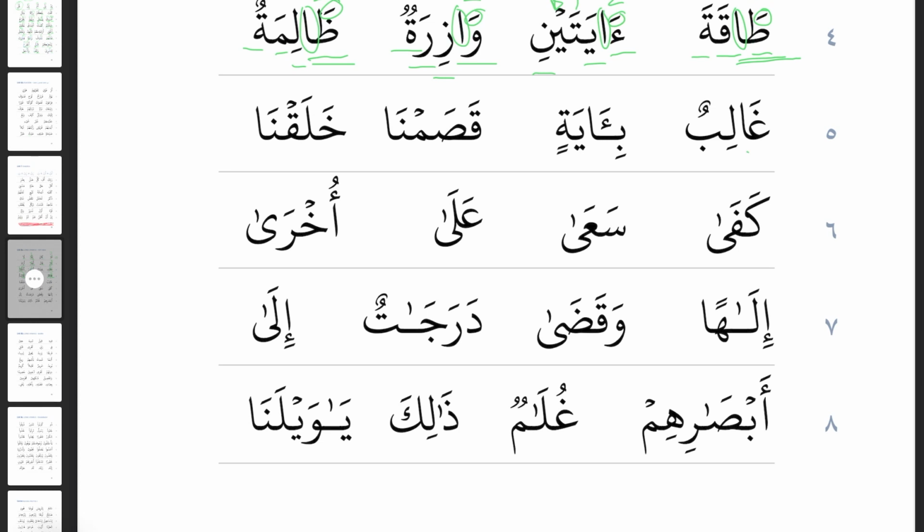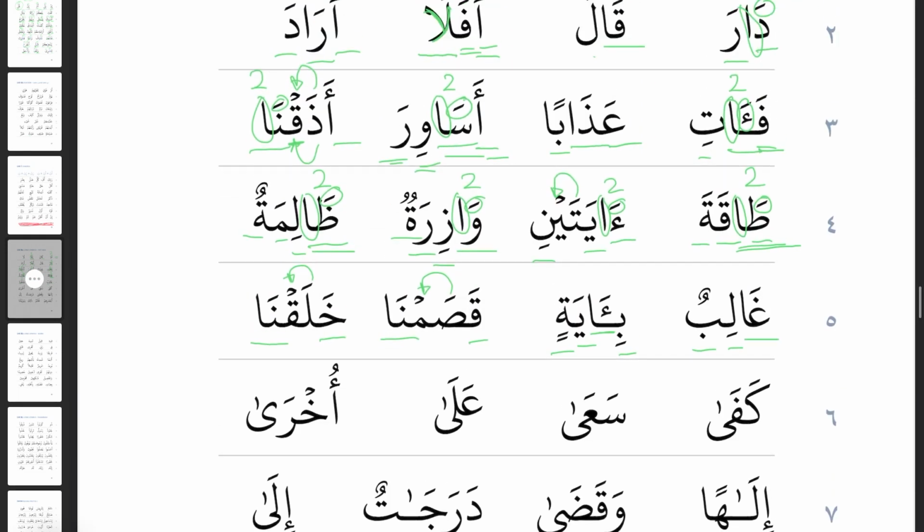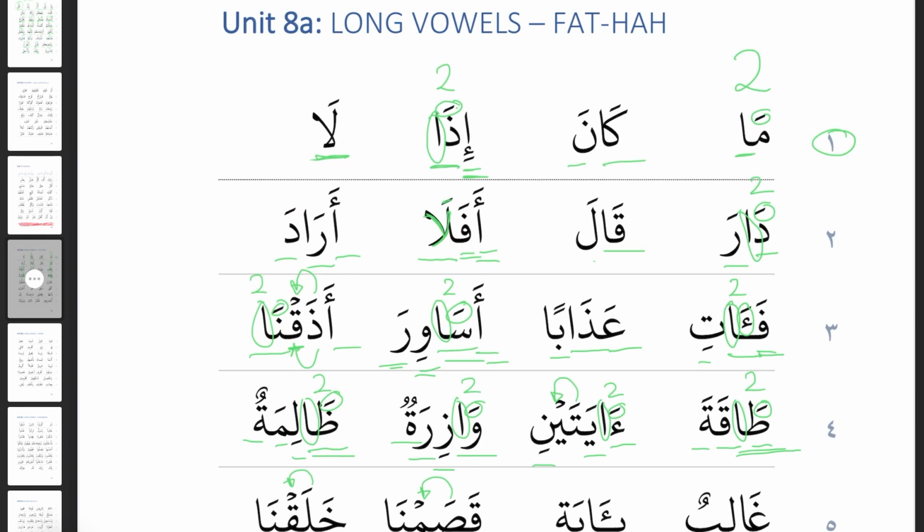So here we've got غالب بآية قصمنا خلقنا.